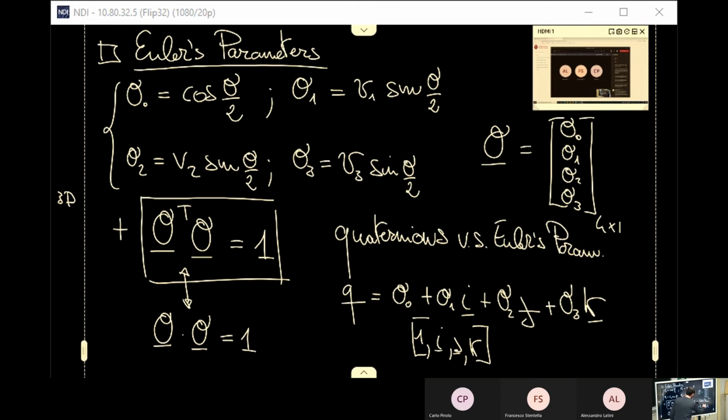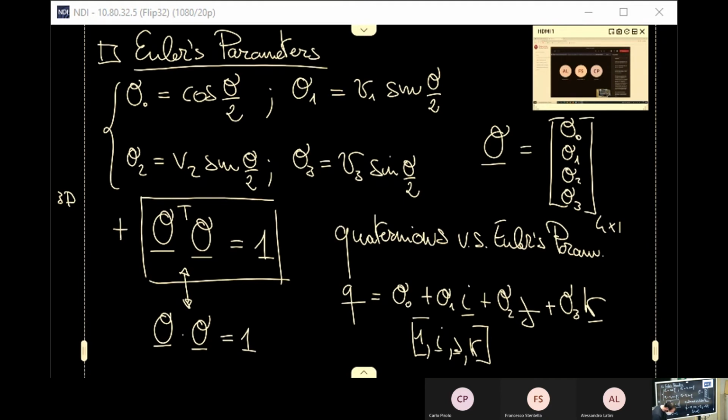Then if you have i times j times k, it's a number of permutations. You can have either plus or minus 1 or plus or minus i. So basically you have plus or minus one of the other base vectors. So they are orthogonal basically. But that's all. So talking about Euler's parameters and quaternions is almost the same thing.